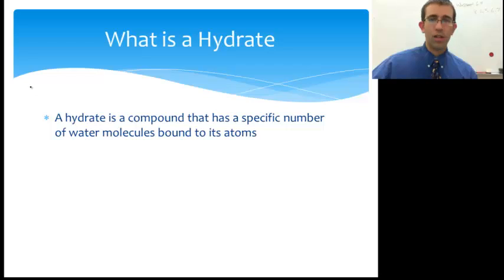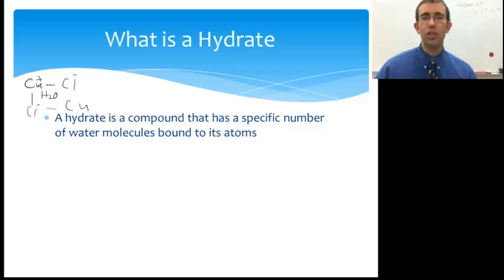So if you had copper and chlorides, and copper's positive and chlorides are negative, and you have these copper chlorides that are together, you have water molecules that are inside between these structures. This is known as a hydrate. So that's what we're going to be talking about today.